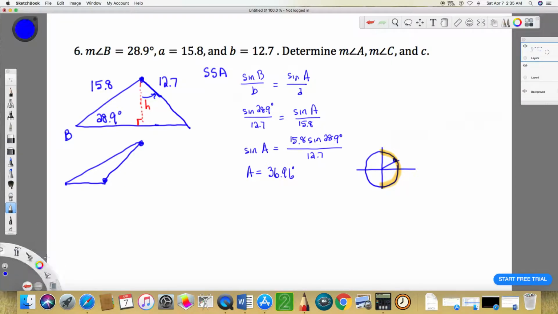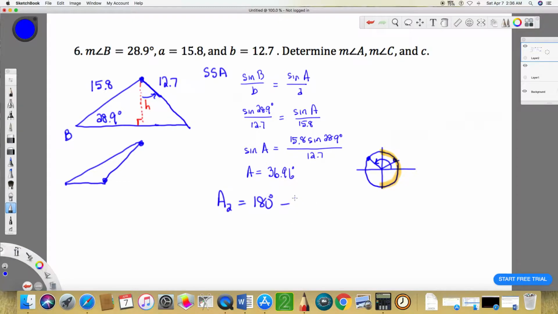And we need to find in this quadrant 2 here is another point that has the same y coordinate as the point in quadrant 1. So we need to find this angle, and we'll find that angle for our second A by taking 180 minus this.